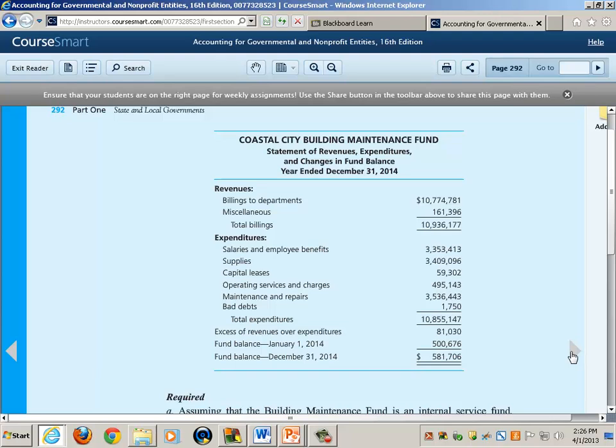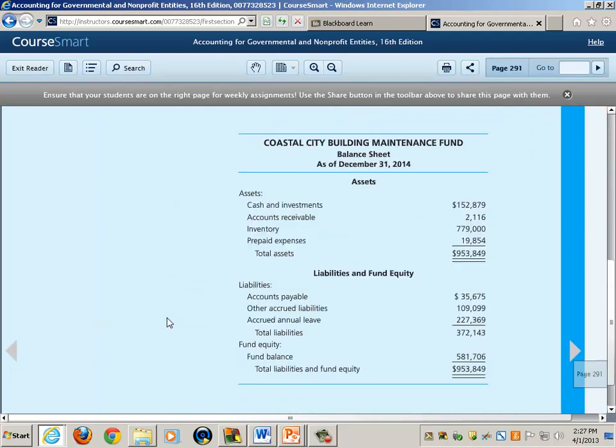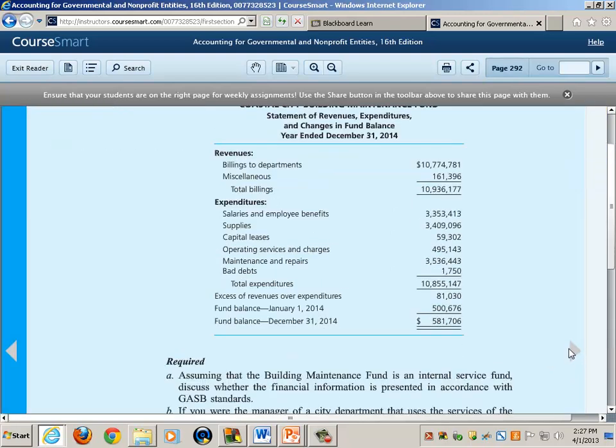One thing which caught my attention, which I don't know if you thought was kind of strange, in the first statement, look at the balance in inventory. What's the balance? 779,000 compared to the overall number here.